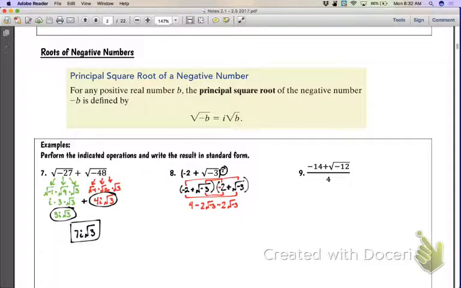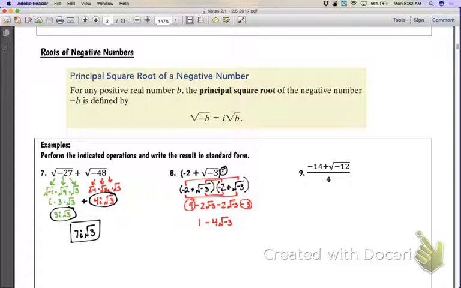What's going to happen to the square roots? They're just going to drop off, right? So then 4 minus 3 is 1. So I have 1 minus 4 times the square root of negative 3.